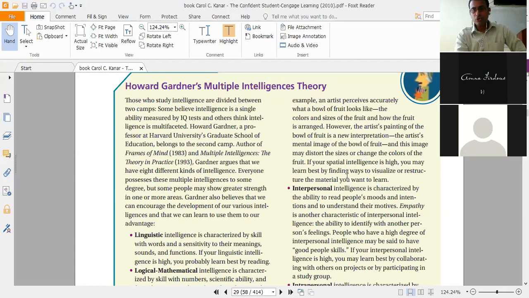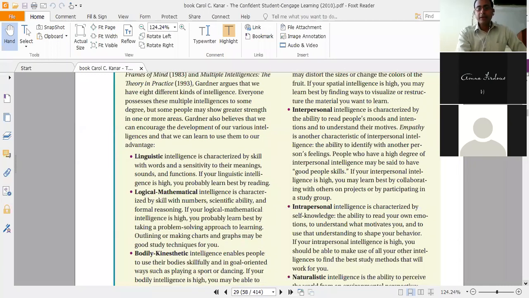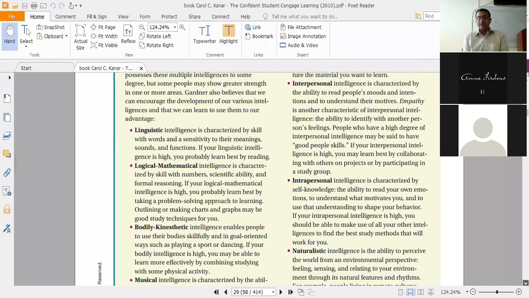Yes, sir. So if your spatial intelligence is high, you may learn best by finding ways to visualize or restructure the material you want to learn. Interpersonal intelligence is characterized by the ability to read people's moods and intentions and to understand their motives, empathize with them, sympathize with them. They know what the other person is thinking about them. They know their feelings and emotions.